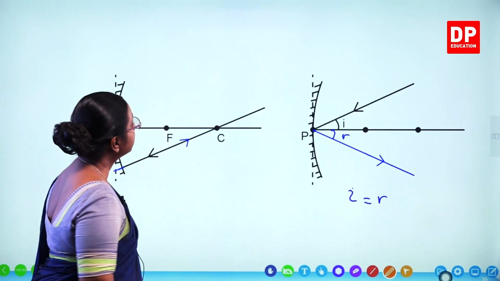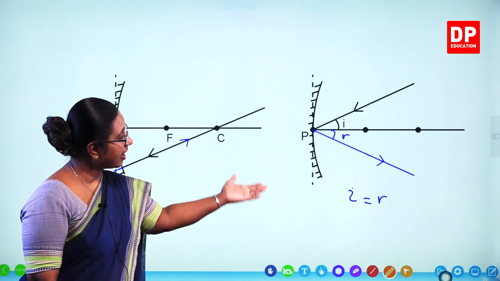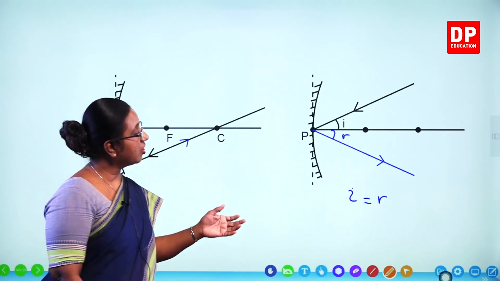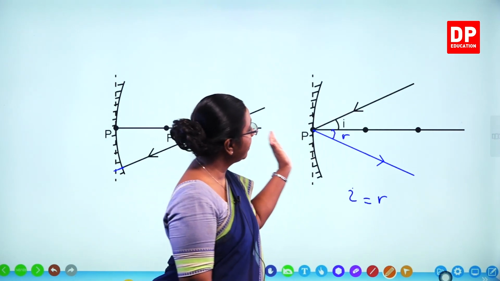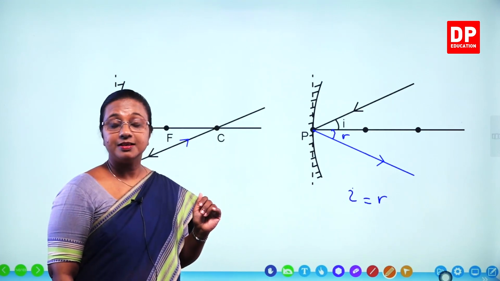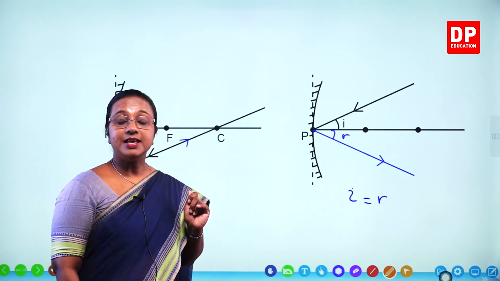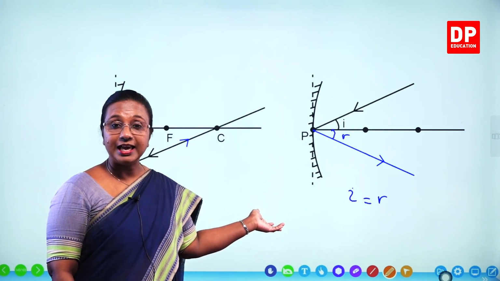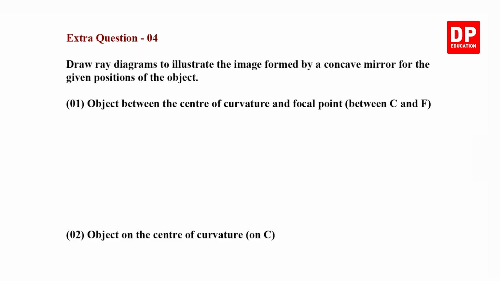So here, students, since they have told us to mark the rays only, I am not labeling any of the rays. But you all know a ray coming towards the mirror is the incident ray, and that going away is the reflected ray. So these are the ways in which different rays are reflected by concave mirrors. Now I will move on to the next one.